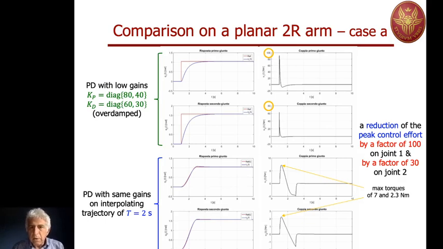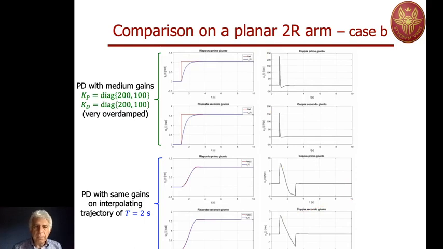In fact, we reached almost 100 Newton meters and almost, say, 60, 70 Newton meters in the case of step response, while with the interpolating reference trajectory, we have maximum torques of about 7 and 2.3 Newton meters, and essentially with a similar transient duration.